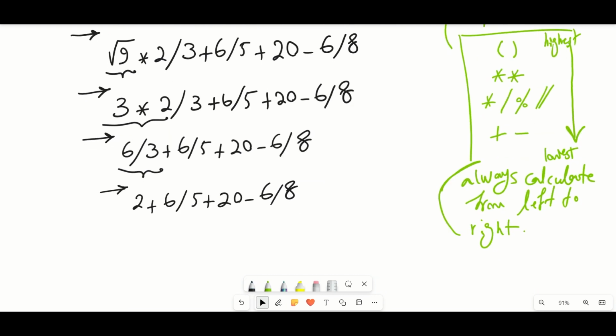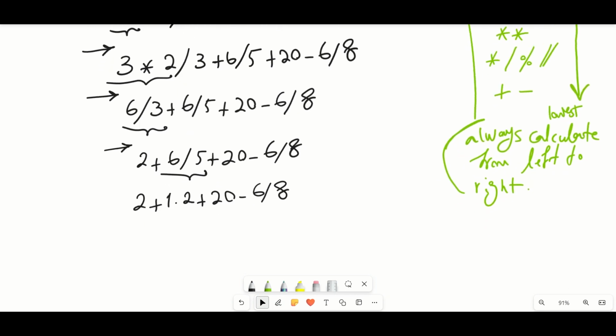From left to right, we have 6 divided by 5, so 2 plus 1.2 plus 20 minus 6 divided by 8. We have addition, subtraction, and division. Again, from left to right, you have 6 divided by 8, which is 0.75. So 2 plus 1.2 plus 20 minus 0.75.